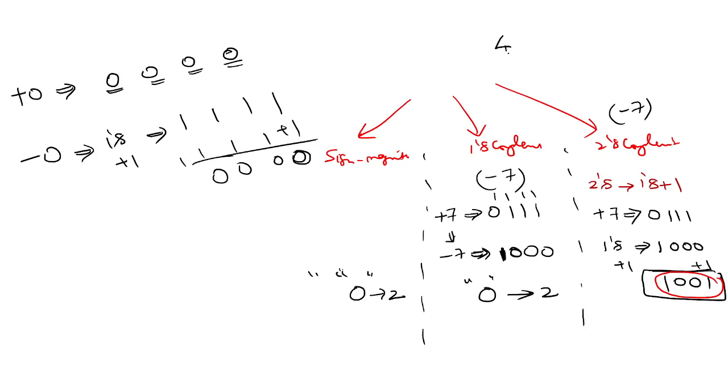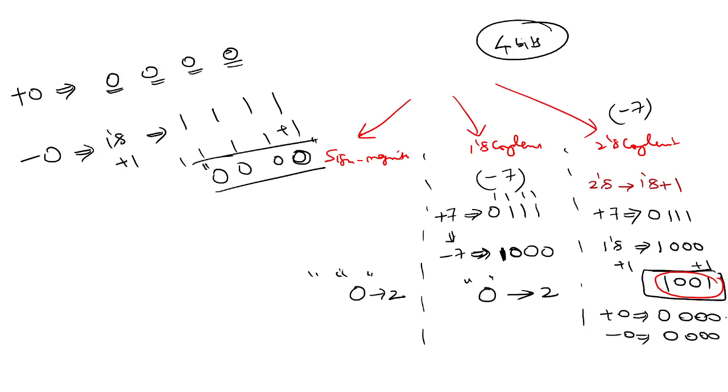How many bits are you fixing? Only 4 bits you have to take, right? So if you take 4 bits, this is what it is. Plus 0 has representation 0, 0, 0, 0. Minus 0 has representation 0, 0, 0, 0. That means the representation is the same, correct? That's where 2's complement makes things very clear. Even though plus 0 and minus 0 look different, the magnitude is the same.